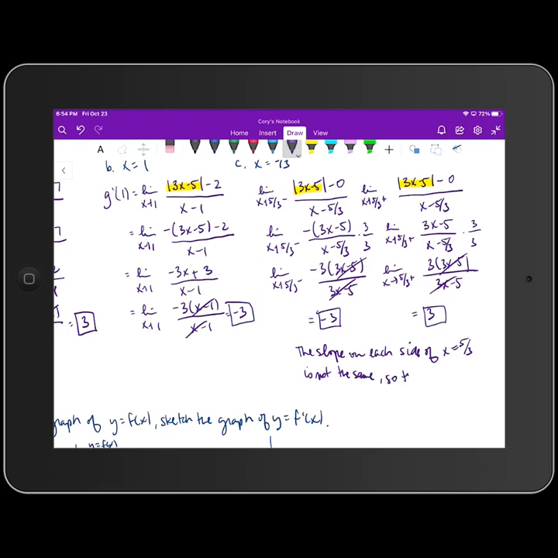So the function is not differentiable at x equal to 5/3.